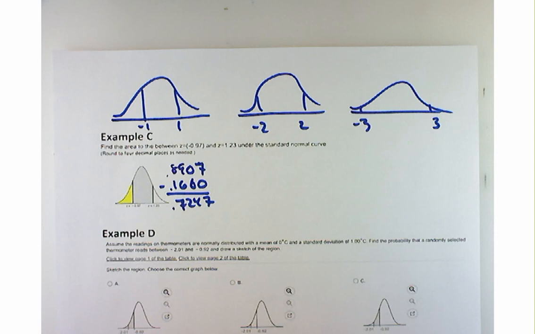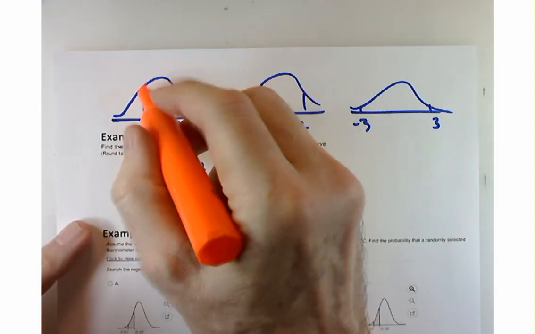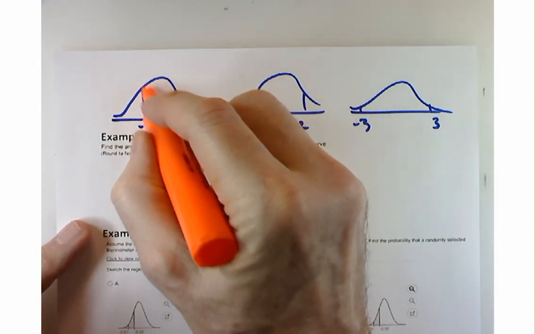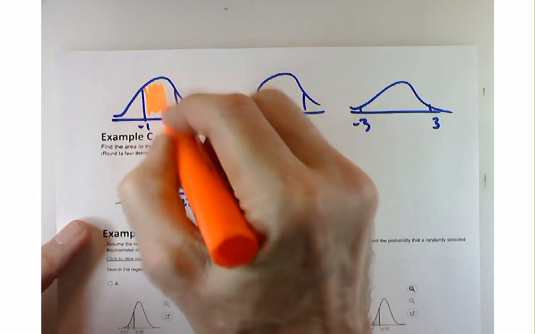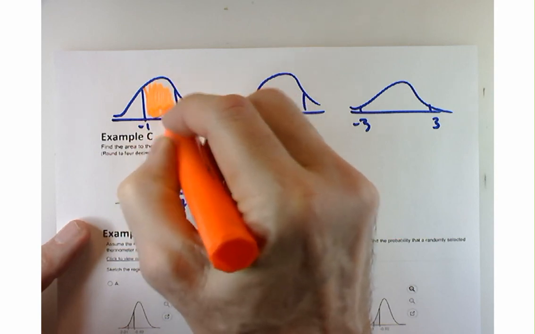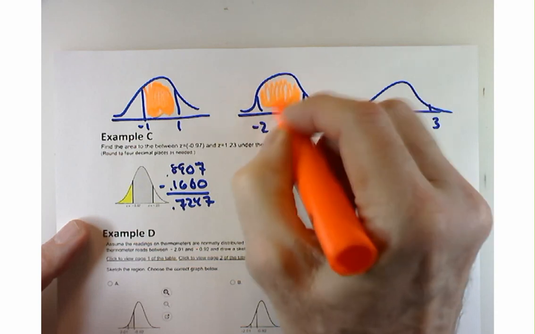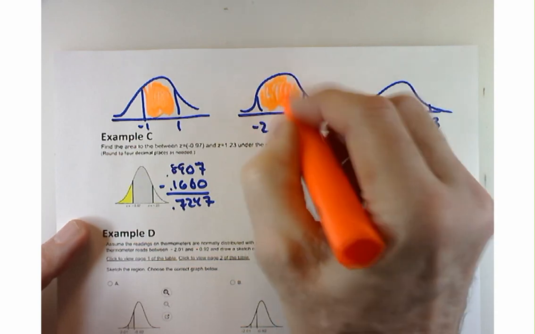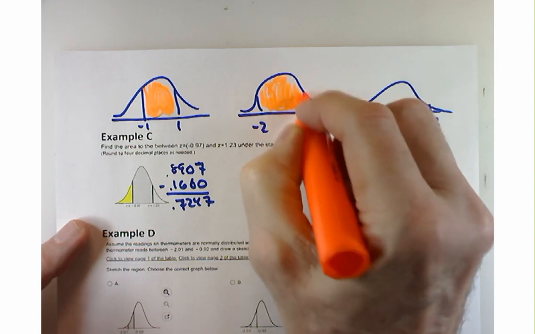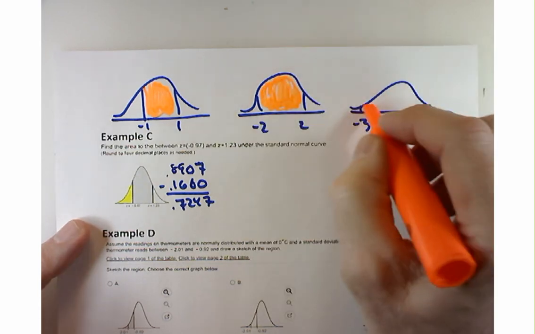It's just this time we've got some different values for our z values. You should see the areas increasing and getting closer and closer to a very special number.